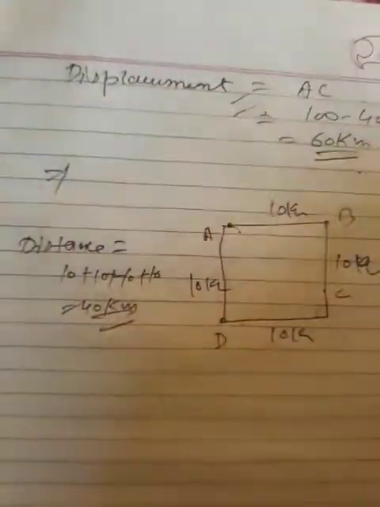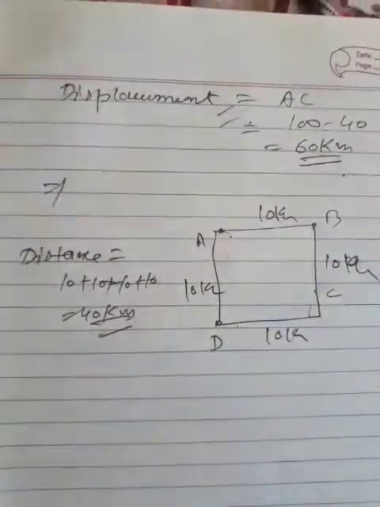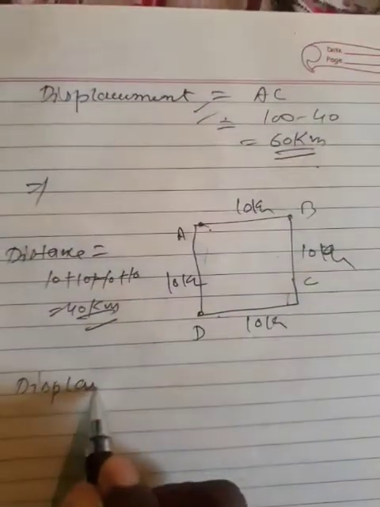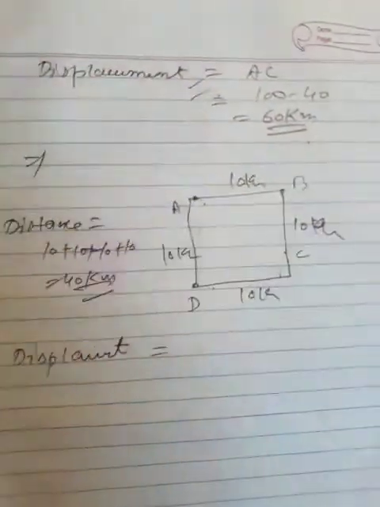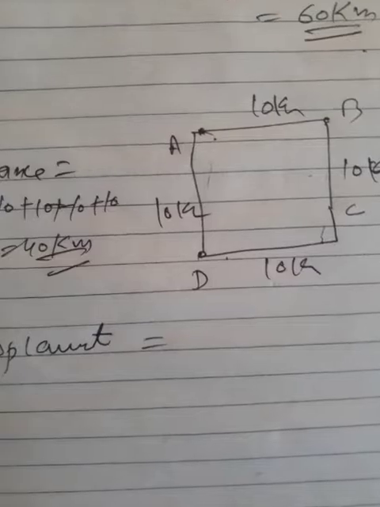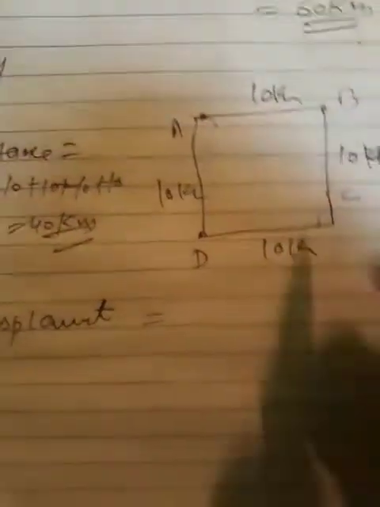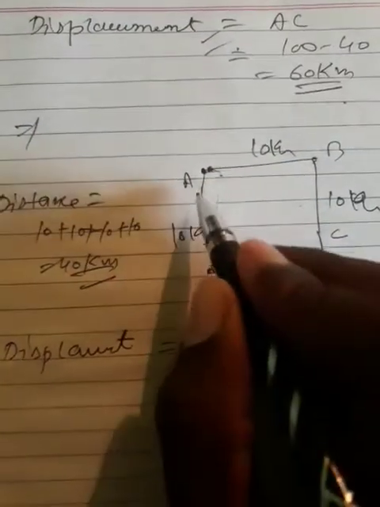But when we talk about the displacement, displacement means the shortest distance between the initial and final point. Your object starts to move from point A and finally reaches point A again.